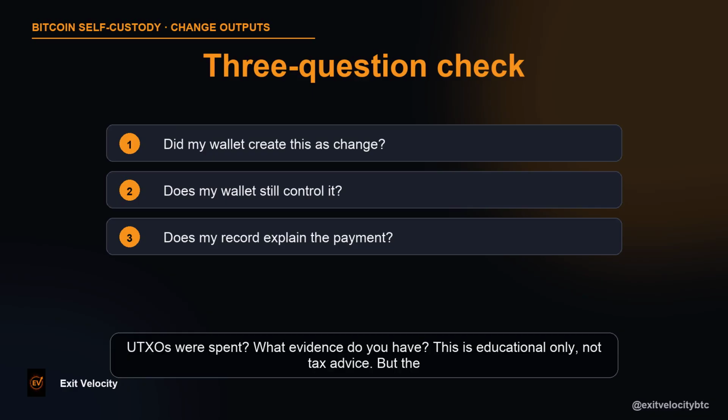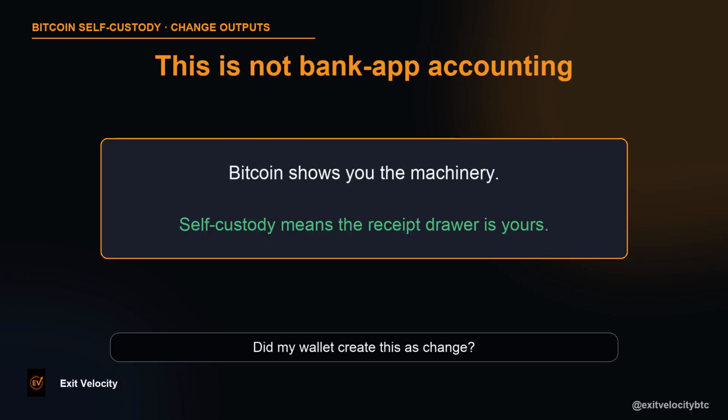Seventh receipt, change is not a taxable event by itself. This is where we stay careful. Moving your own leftover Bitcoin back to your own wallet as change is generally not the same as selling Bitcoin or receiving income. But the larger transaction may still matter if it was a sale, spend, exchange, gift, or payment. So do not treat the change output as the tax event.